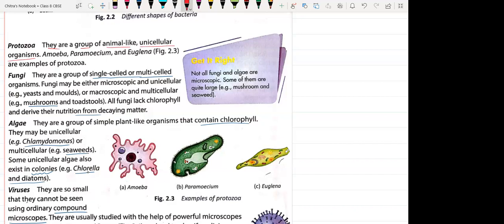We have examples called amoeba, paramecium, and euglena. These are the examples of protozoa.